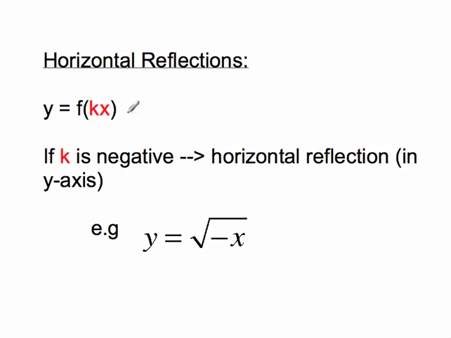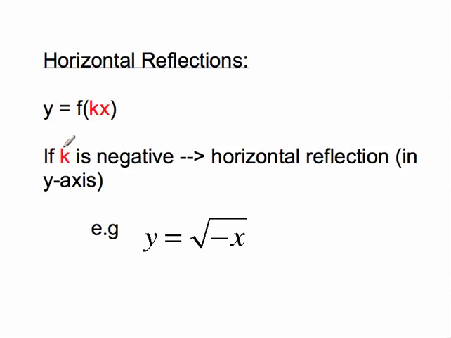So when we were looking at horizontal stretches before, we introduced this coefficient k inside the brackets in front of the x. And it's the same thing again here. Before, we said say this k was 3, for example, y is equal to f of 3x, that would mean the original f of x function was being horizontally stretched by a factor of 1 over 3. Now we're adding the fact that we can consider what the sign of k is.